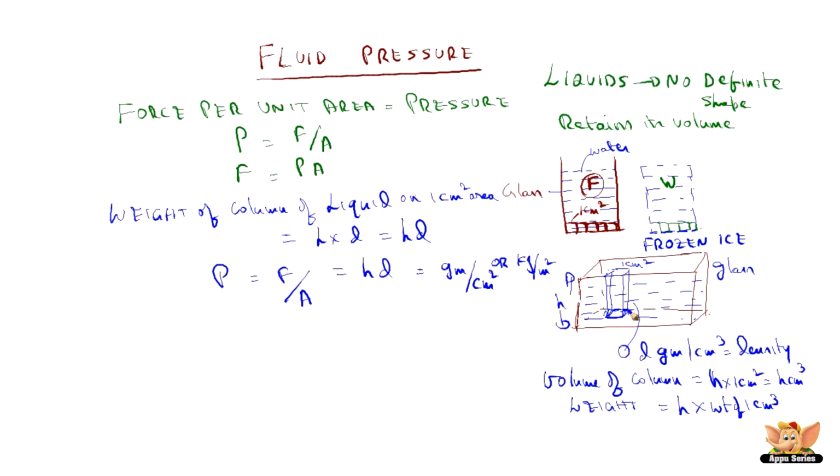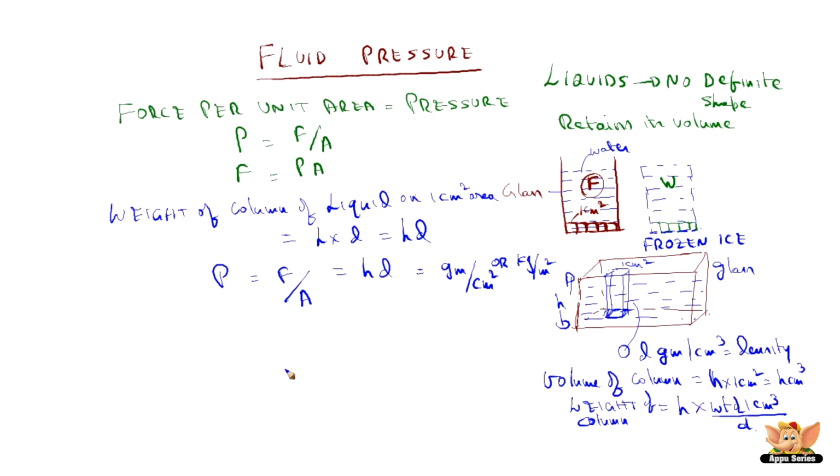So the weight of 1 centimeter cube multiplied by h will give you the weight of the column. The weight of 1 centimeter cube is nothing but the density. Hence the weight of the column of liquid becomes h into D, which is hD, basically on 1 centimeter square area over a height of h.